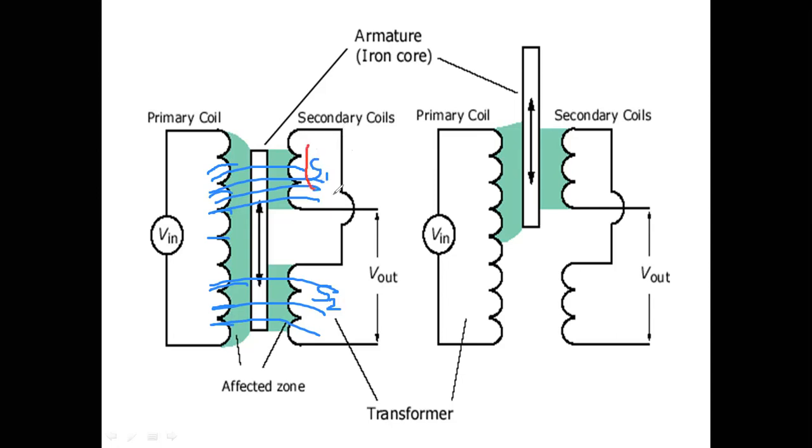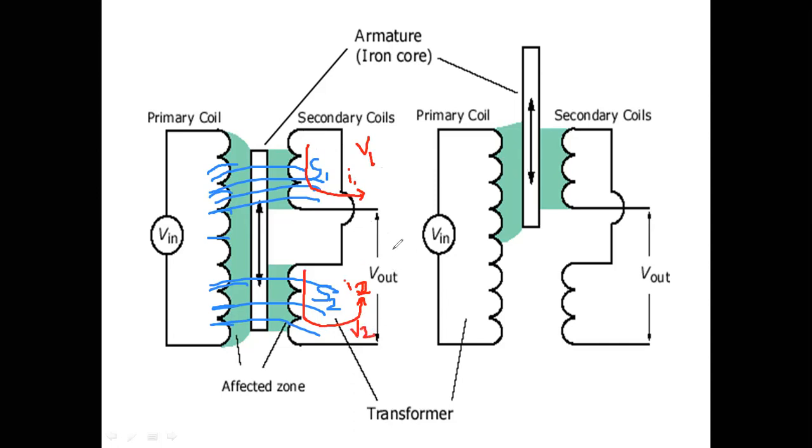So here current I1 will be developed. The voltage here is V1, let us suppose, and here the current I2 is developed. Since I1 equals I2, V1 is equal to V2. Let us suppose V2 is the voltage in the secondary winding.